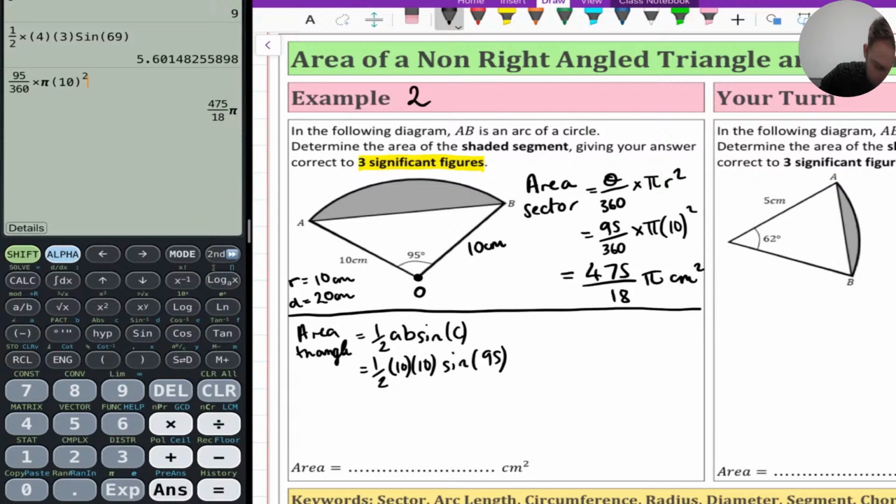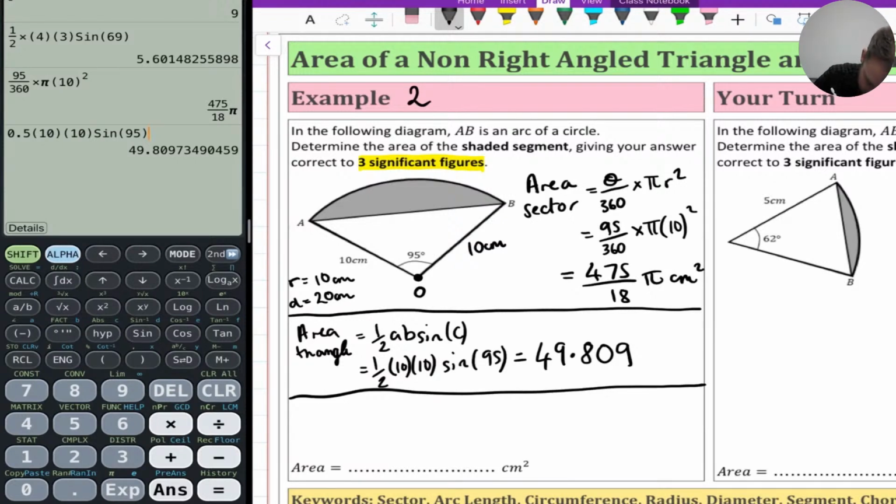Let's get that in our calculator. 0.5 times 10 times 10 sine of 95, which is equal to 49.809.